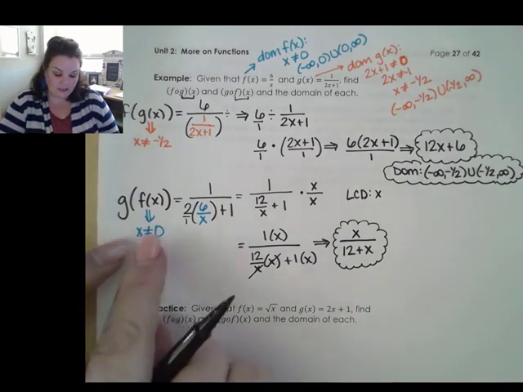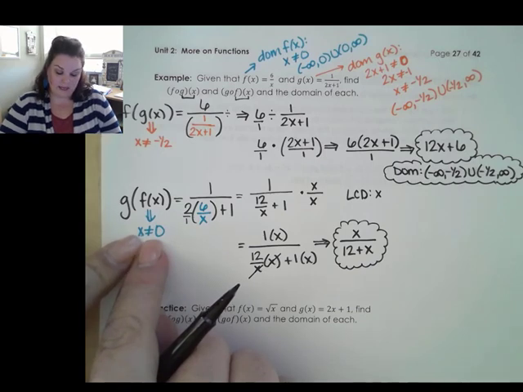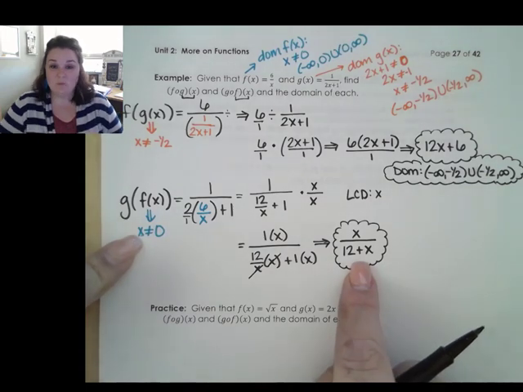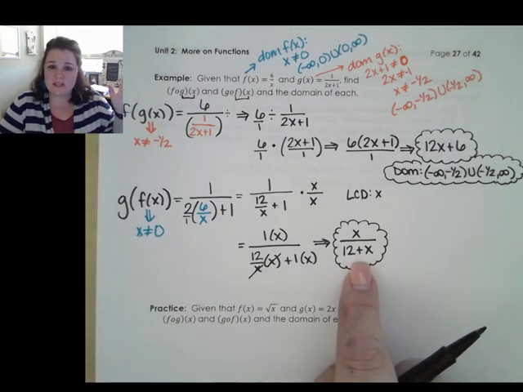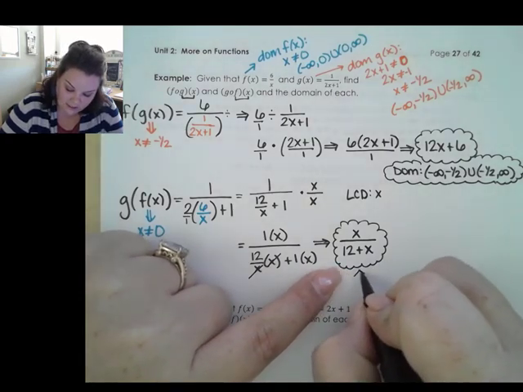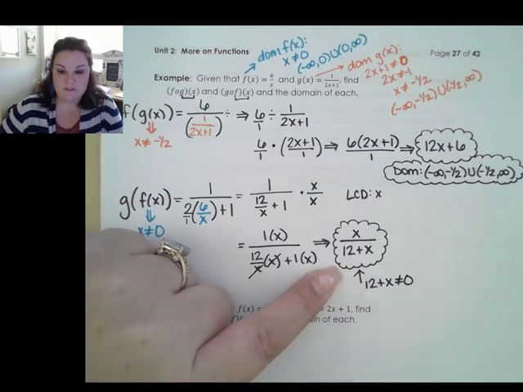Okay, so originally we know that x cannot be 0, right? And now we have to think about, okay, do we have further restrictions? And here we do, right? We don't have any square roots or anything, but we do have a denominator, and we know that our denominator, 12 plus x, cannot equal 0.